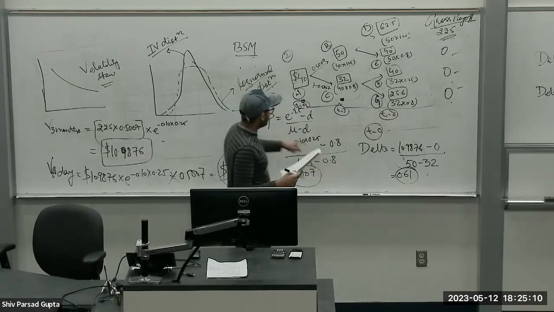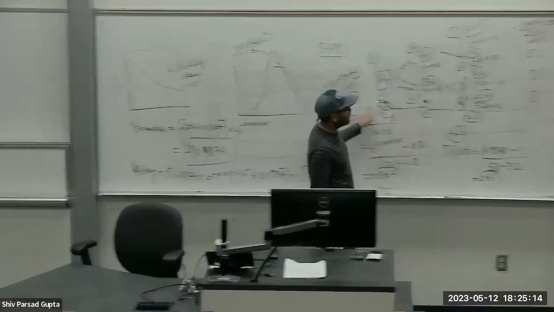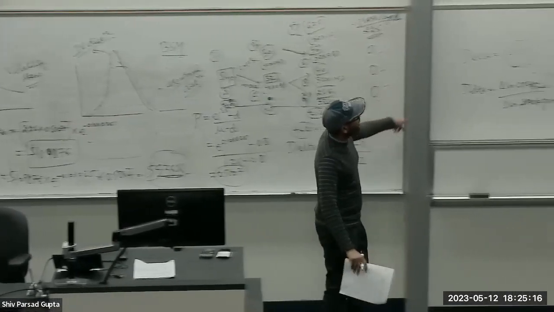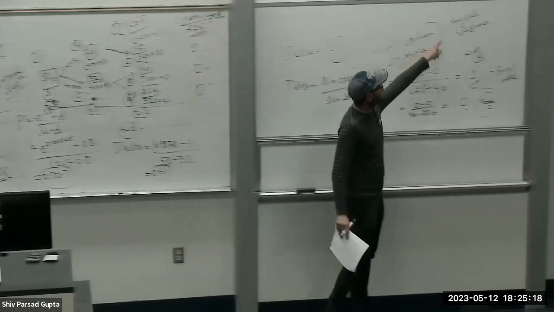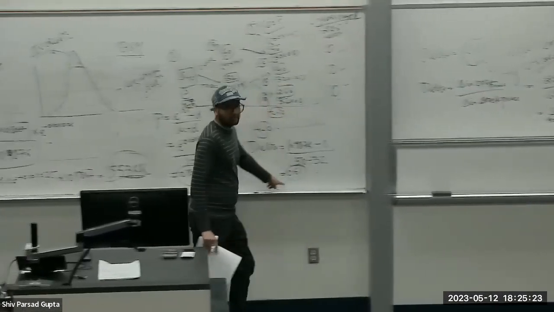So at T is equal to 0, we want to buy the call and sell the share. How many shares will we be selling? 0.61.